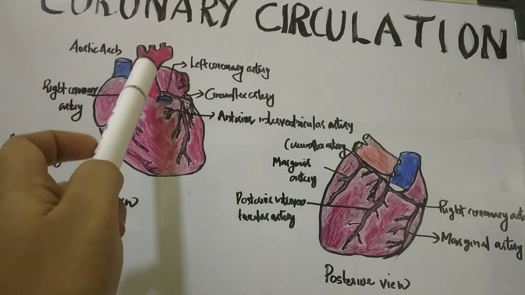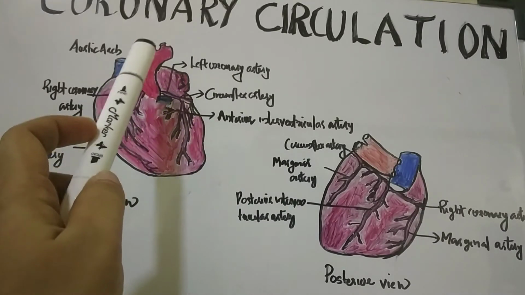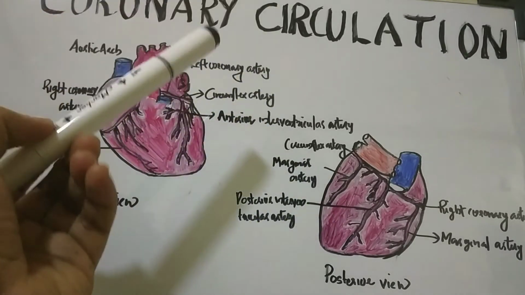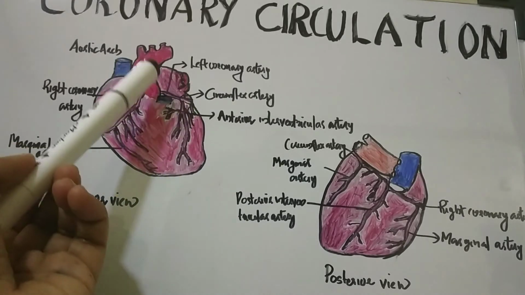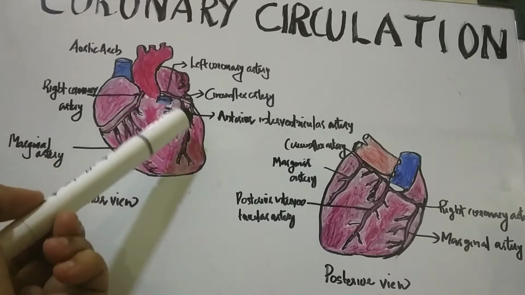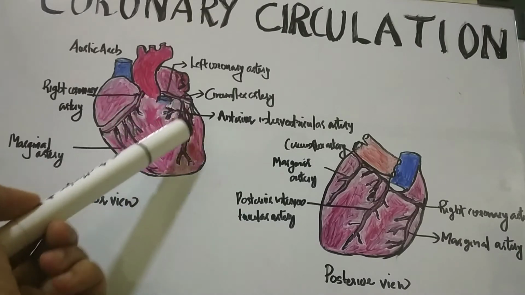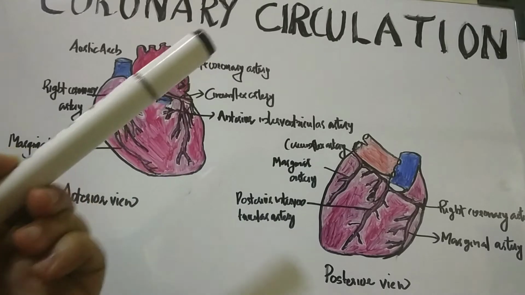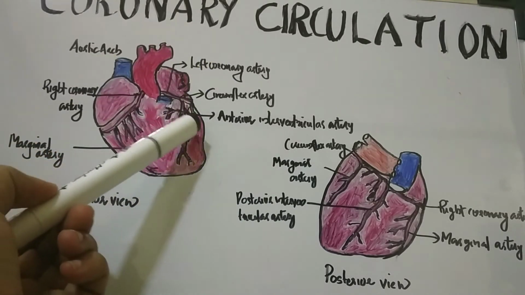Now we will discuss the course of the left coronary artery. It is larger compared to the right coronary artery and it emerges from the left posterior aortic sinus. It moves forwards and to the left to emerge between the pulmonary trunk and the left auricle. Here it moves downwards to the interventricular groove and gives the anterior interventricular branch of the left coronary artery.